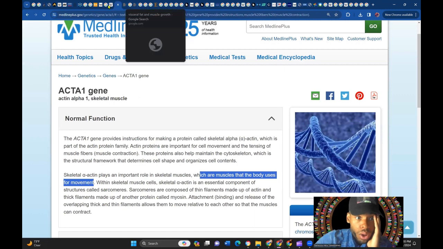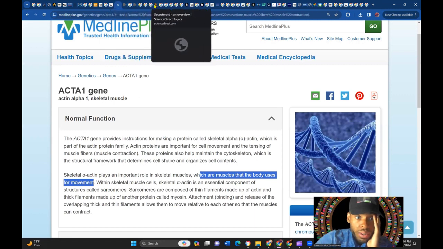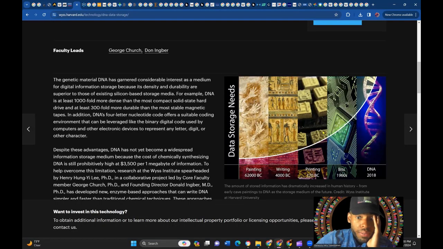Human growth hormone, we also understand that your whole entire body itself has the power that you have with your DNA. So you see how they're trying to make a relationship between how DNA is a storage medium of the future. Look at this.